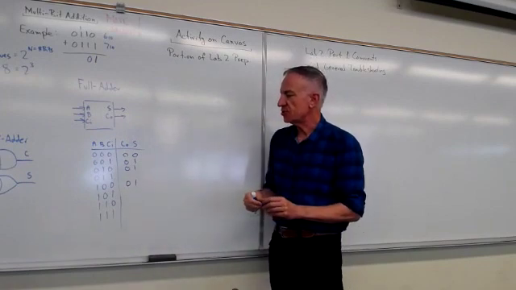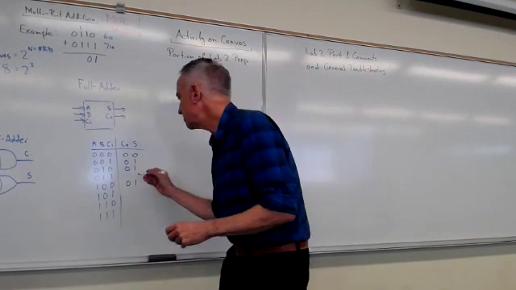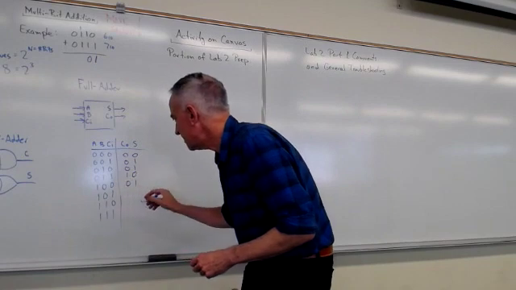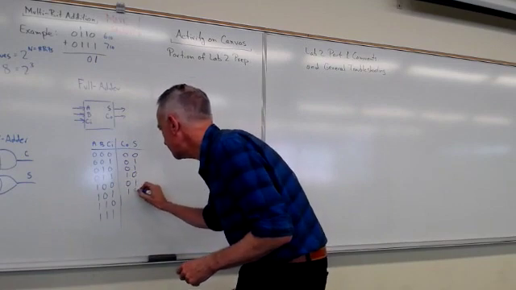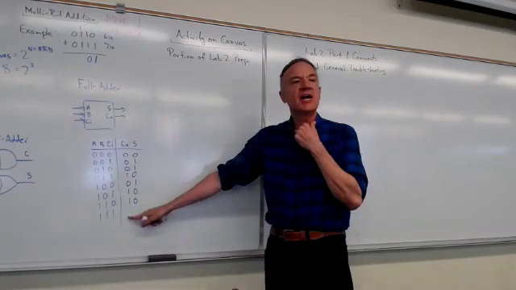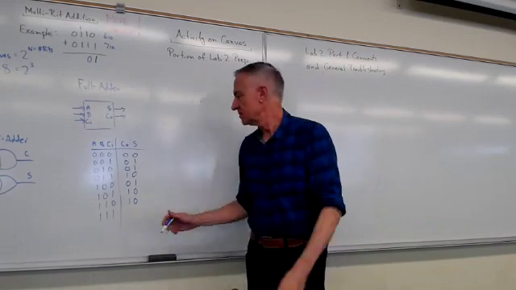Any row that has 2 bits equal to 1 on the input side is going to give us a 2 output, 1, 0. So we have 1, 0 there, 1, 0 here, and 1, 0 here. And when we're adding 3 1s, the result is going to be 3. So what do I put here? 1, 1.